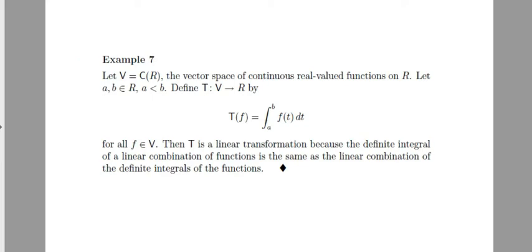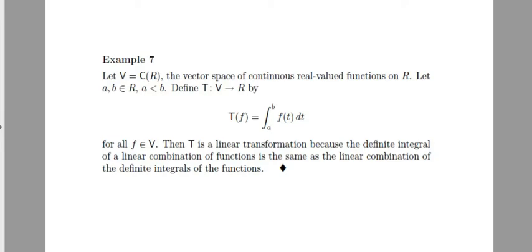Next example, we have a vector space of all continuous real valued functions on R and we define T from V to R by T of f is the integral from a to b of f(t) dt. Then we have to show that this is again a linear transformation. Since the linear combination of functions gives the same linear combination of the definite integrals, T of f1 plus f2 is equal to the integral from a to b of (f1 plus f2) dt.